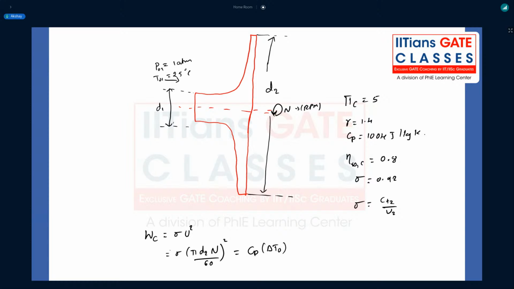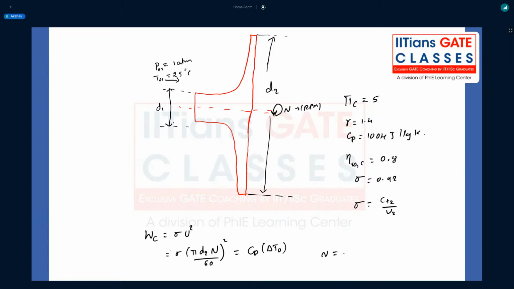All we have to do is sigma is known, D is known, Cp is known. I have to find out what is the stagnation temperature change across the impeller. If I calculate that one, I can get the N value. So that's straightforward. So let me write it for N also.